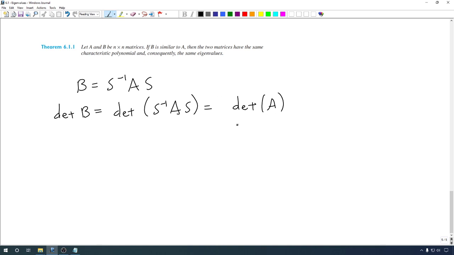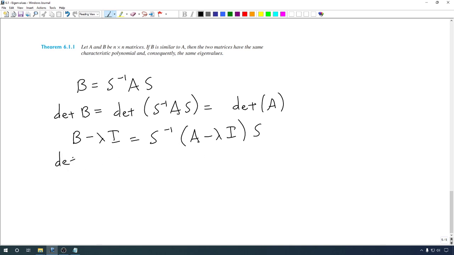So their determinants are the same, but not only that, if we look at B minus lambda I, this is the same thing as S inverse times A minus lambda I times S. I think we actually did a problem, maybe in the example video or on your homework, where you showed that. And so what does that mean?